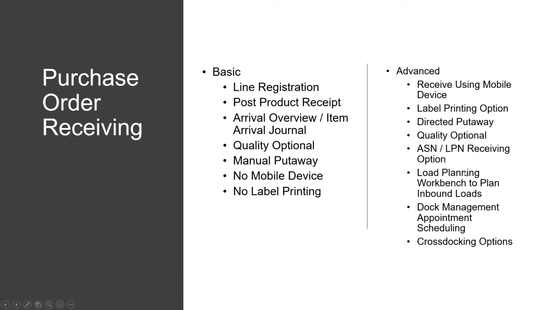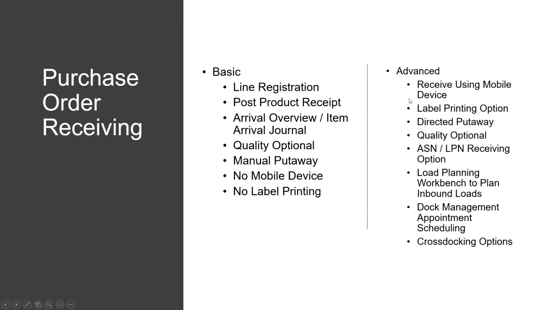Again, the difference here is having some load planning, so I can plan my inbound loads, especially if you are bringing in containers or you have these large-scale UPS deliveries, where we're going to want to do some dock management and appointment scheduling, so you don't have 3 trucks sitting out there waiting for you, as well as this directed put away that the system is giving the material handler instructions on where this needs to go and how do we do it.